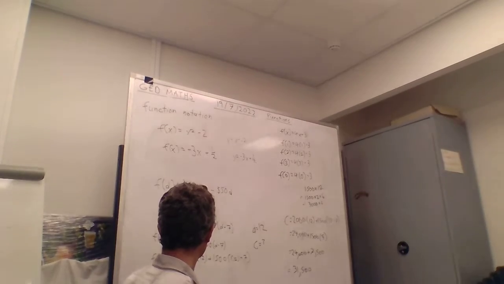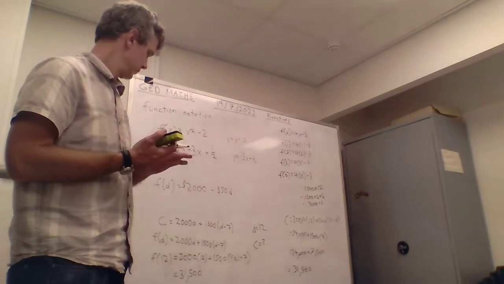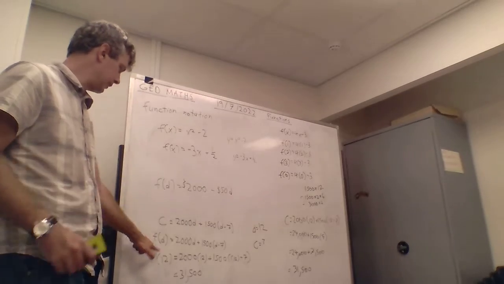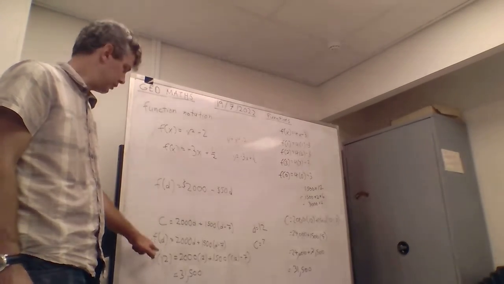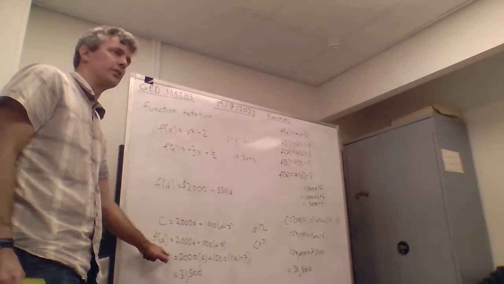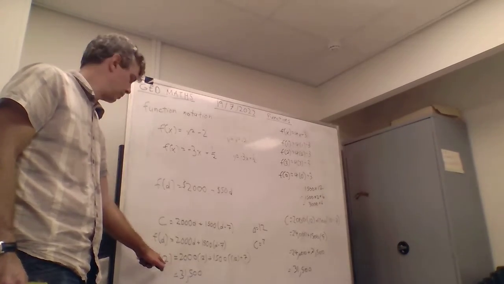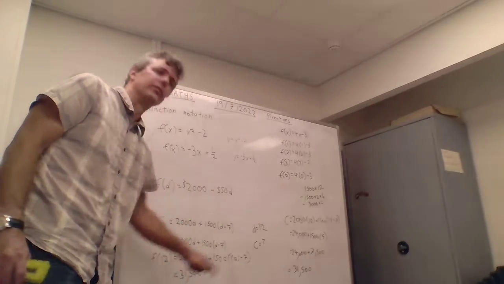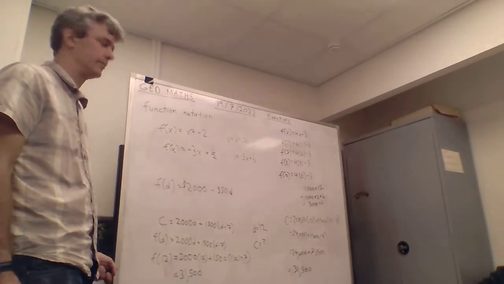That would end up being also 31,500. Okay? So the functional notation is basically just the same as this. It almost makes it easier to see what's happening, because here d is a variable, and here you put in the number and solve out what it is.